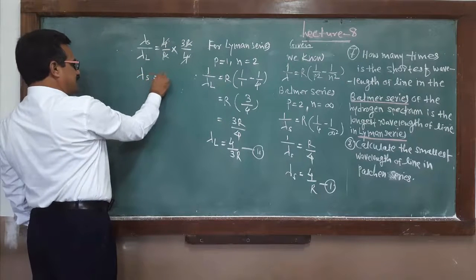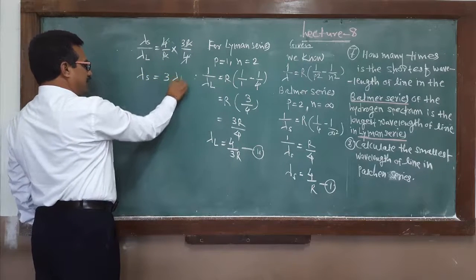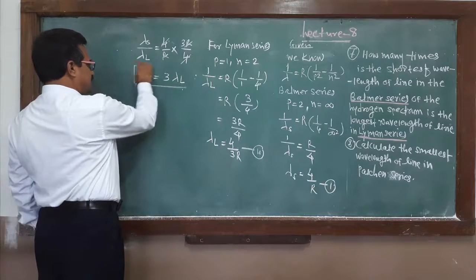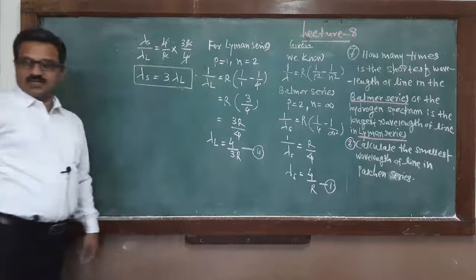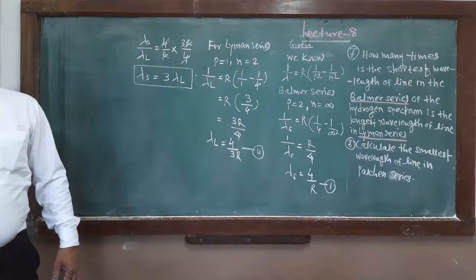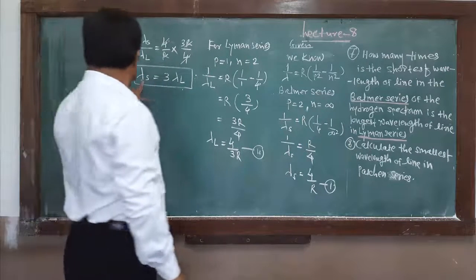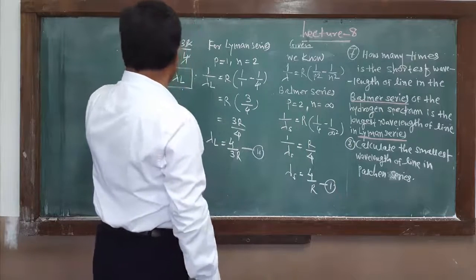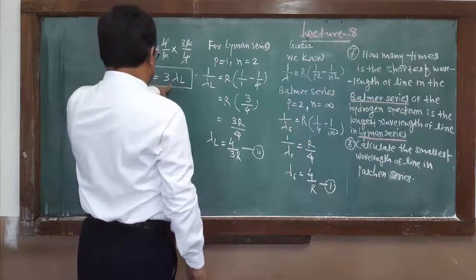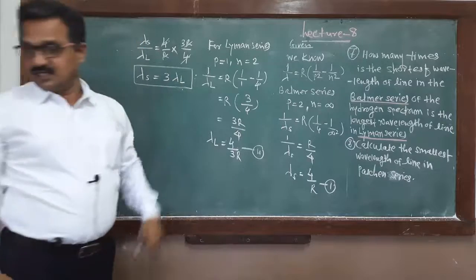Lambda S is equal to 3 multiplied by lambda L. This is actually the answer. It is an important one. Means shortest wavelength in Balmer series must be equal to 3 times the longest wavelength in Lyman series.